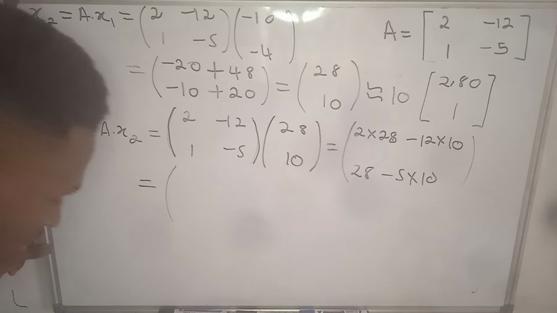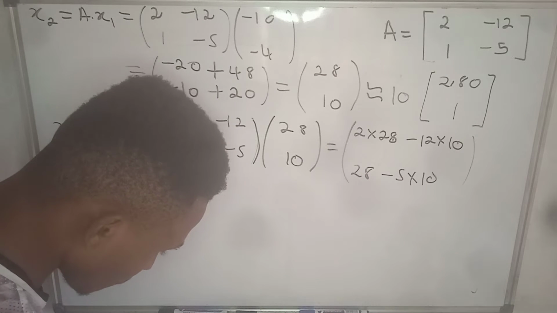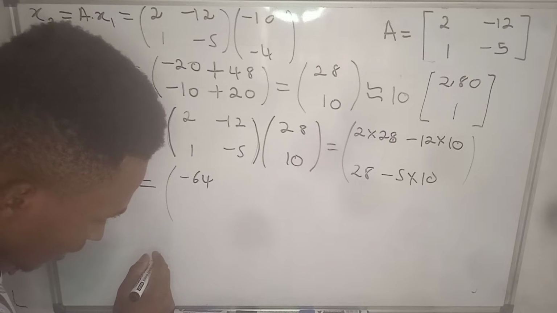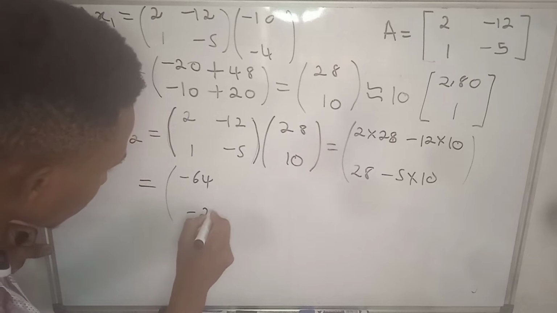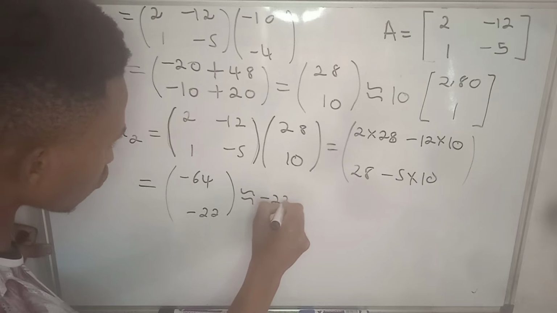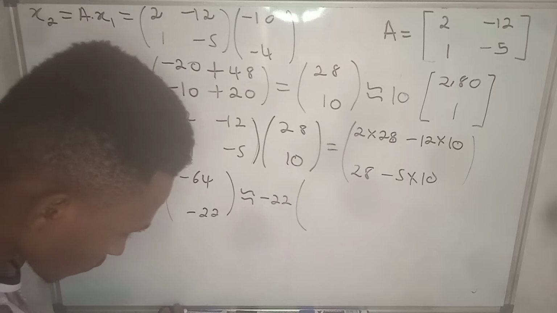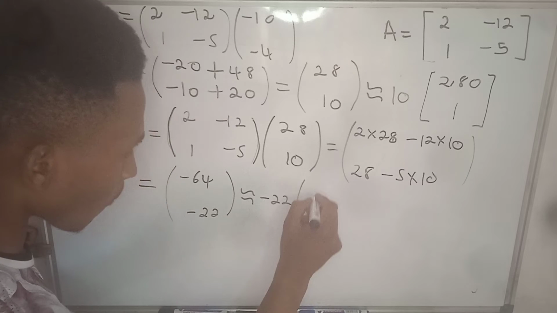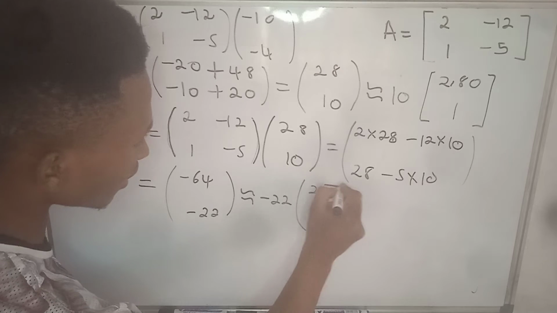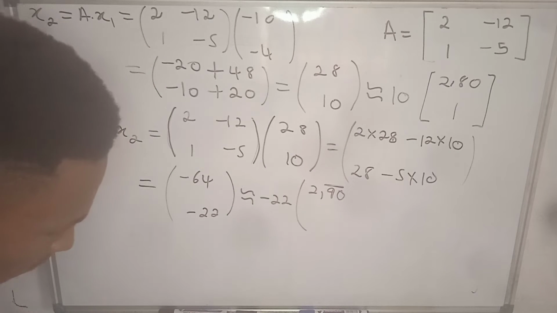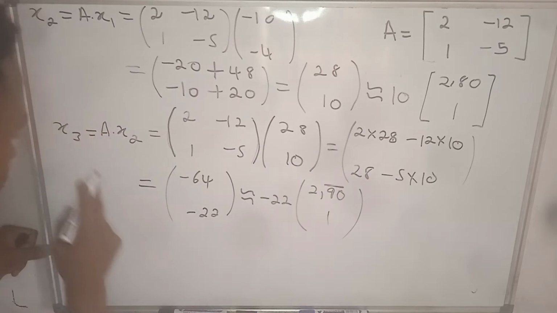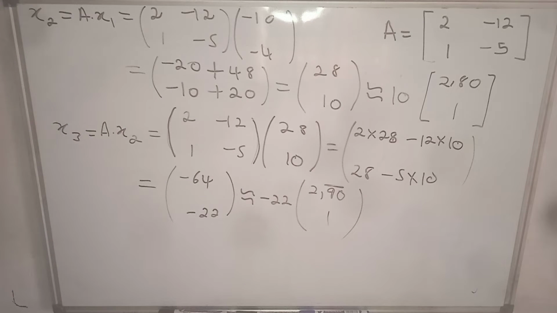If you punch this into your calculator, it will be -64 and -22. This can be approximated by taking -22 out, giving 2.90 recurring. This number is recurring, so that's why I'm putting a bar. And -22 over -22 is just 1. So this is my third iteration.